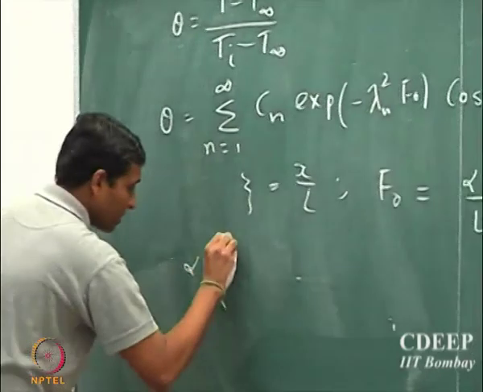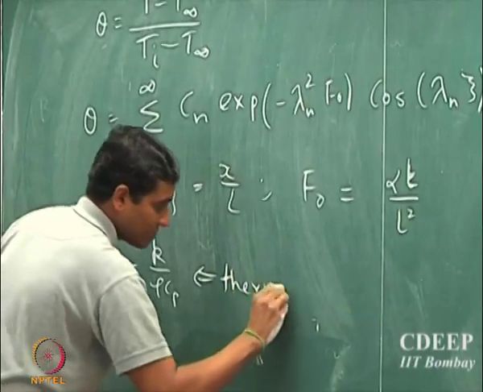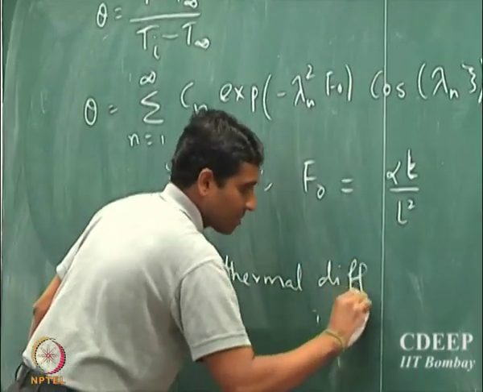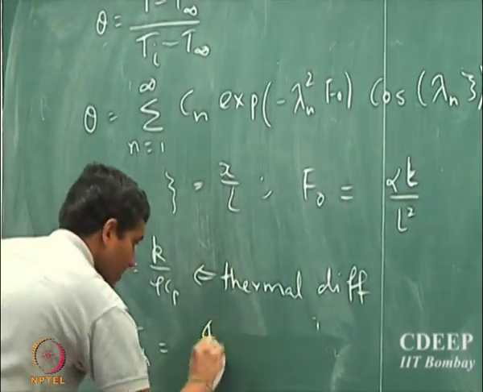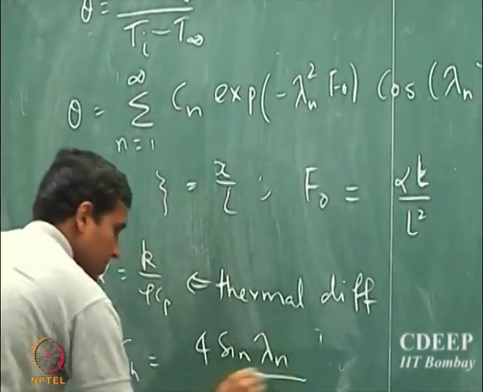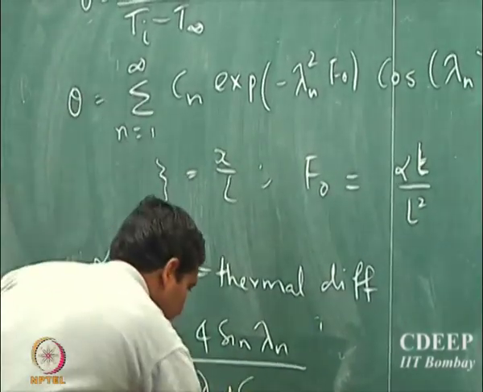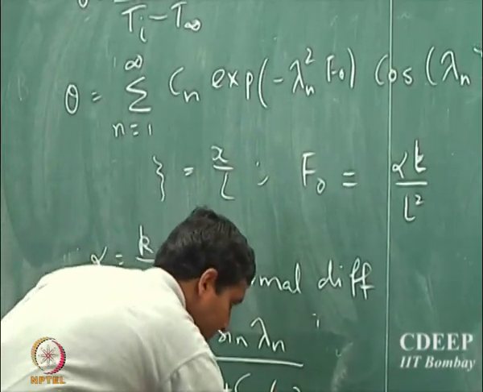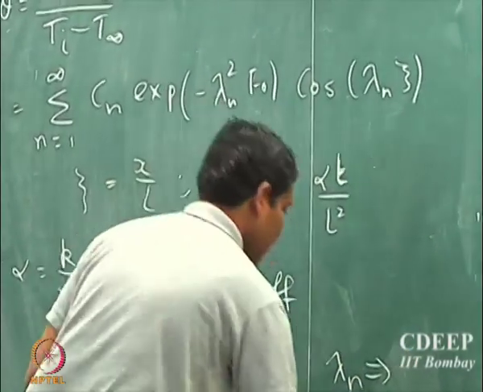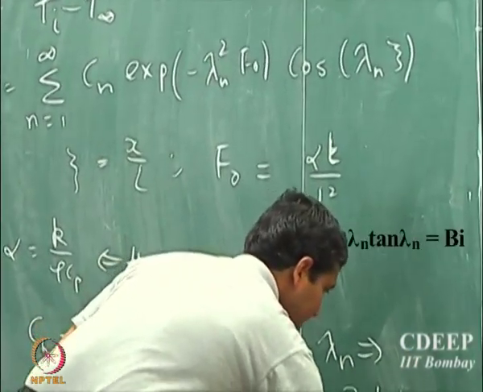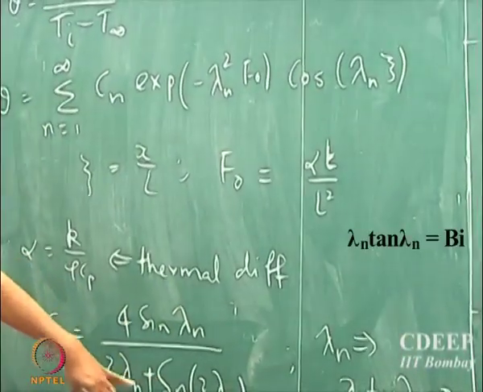So alpha is k by rho Cp. And Cn is given by 4 sine lambda n divided by 2 lambda n plus sine 2 lambda n, and lambda n is the solution of the equation lambda n tan lambda n equal to Biot number. So lambda n are the roots of this equation.